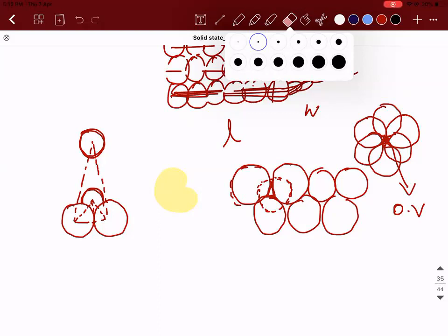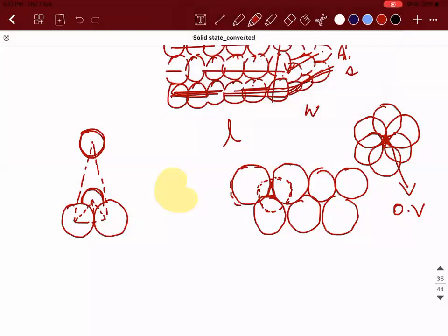Now see, these are the three particles present in the first layer. Now, in the second layer, the three particles will come on the top of it. So this will be the upper triangle and the lower triangle.